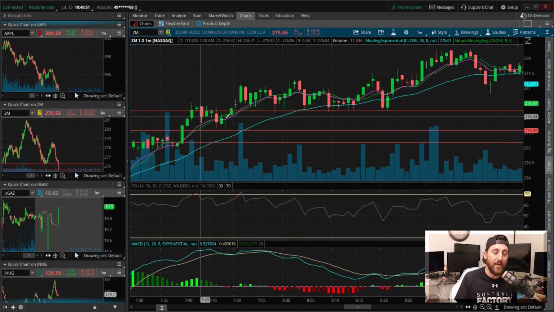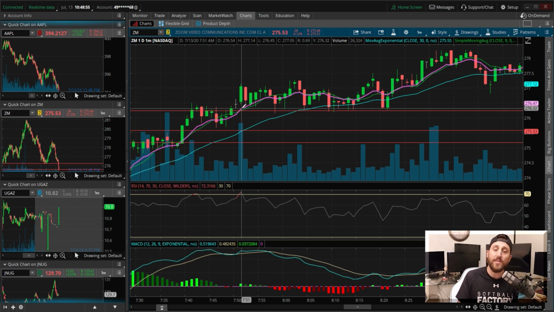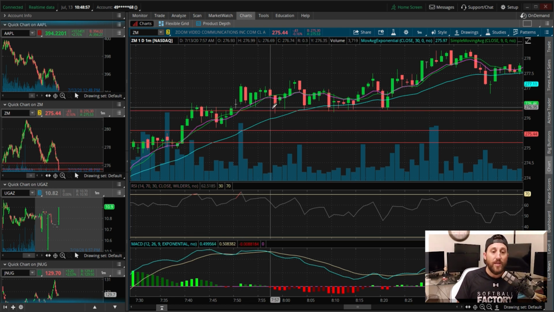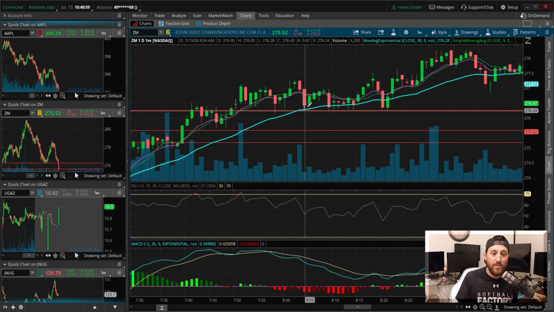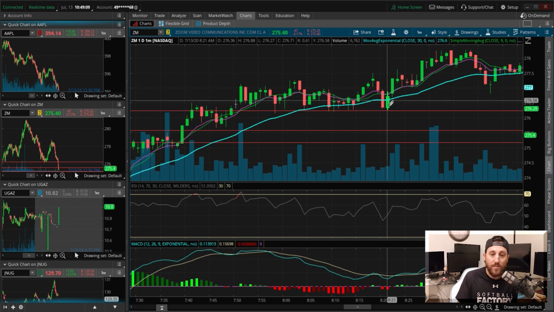We weren't identifying it for today, we're identifying it from several days prior. And look how it continues to support these price levels every single time. You see this? It's supporting it, supporting it, supporting it.